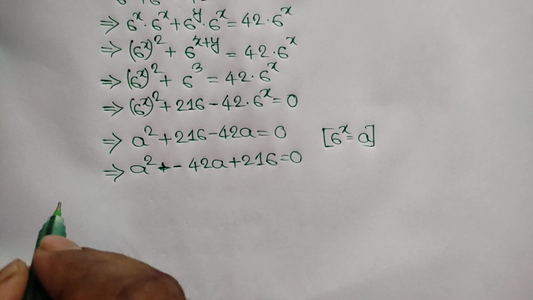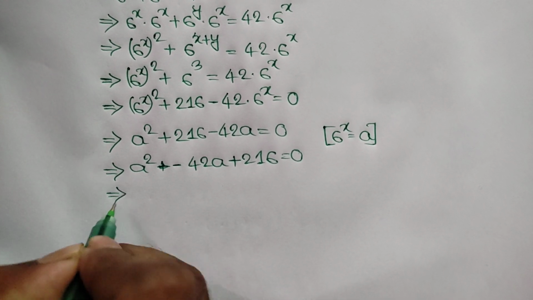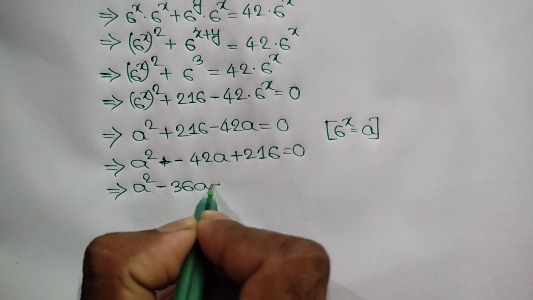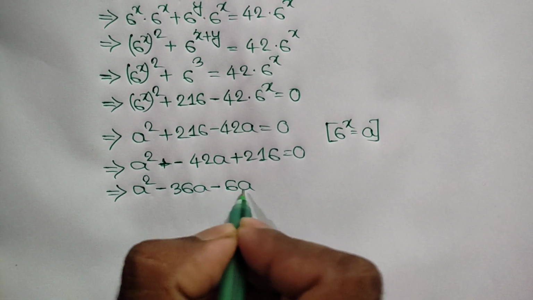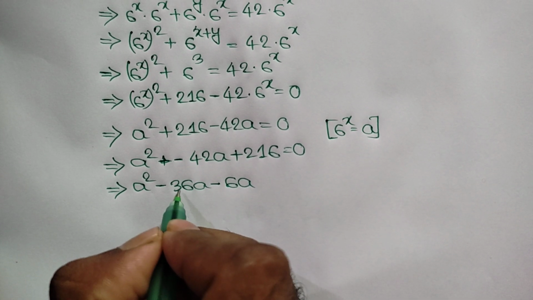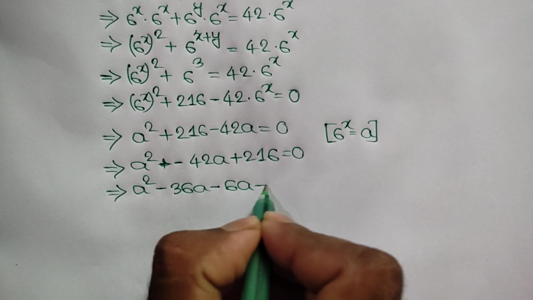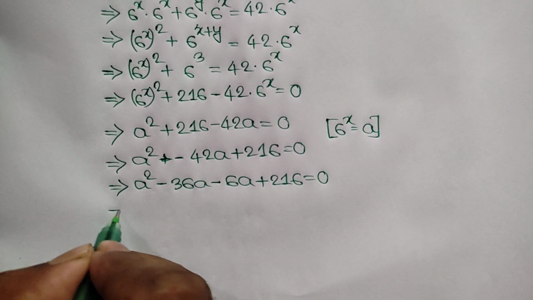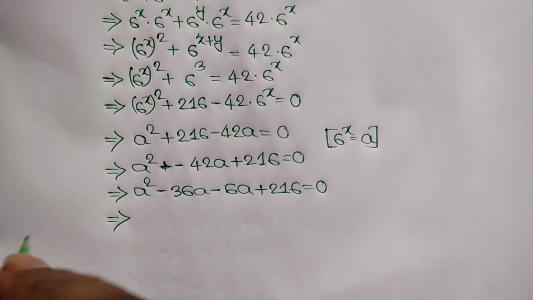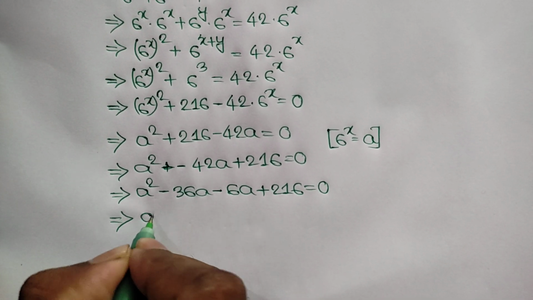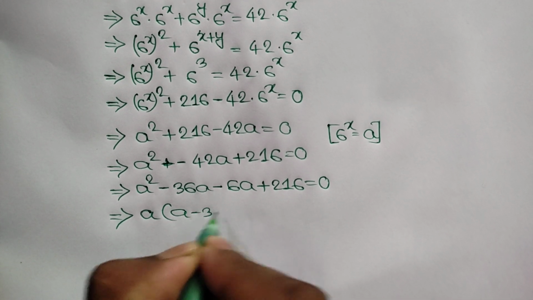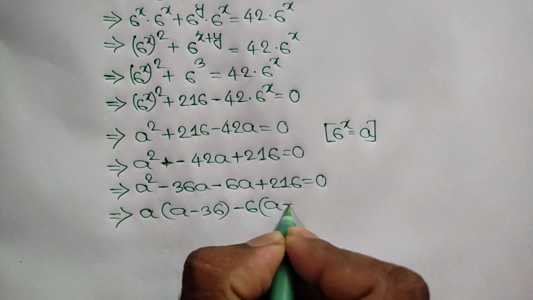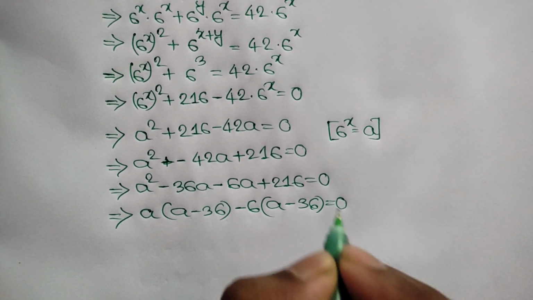Now we can apply middle term breaking, so we can write a square minus 36a minus 6a, because 36a plus 6a is equal to 42a and 36 times 6 is equal to 216, is equal to 0. Taking common a from the first two terms we get a minus 36, and taking common minus 6 from the last two terms we get a minus 36 is equal to 0.